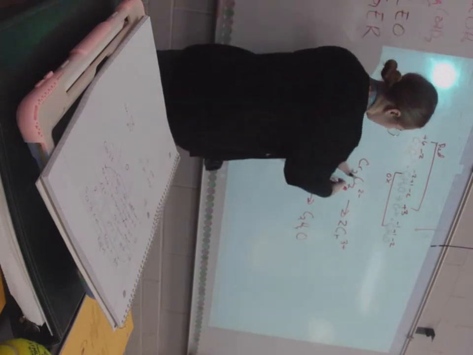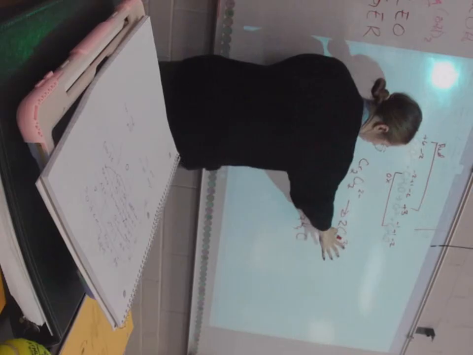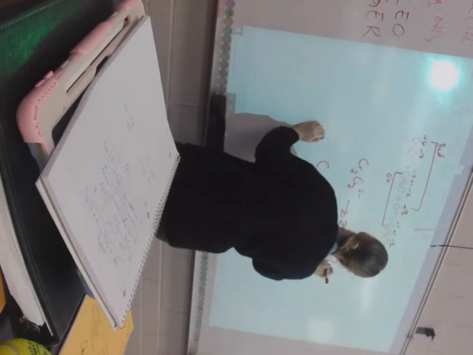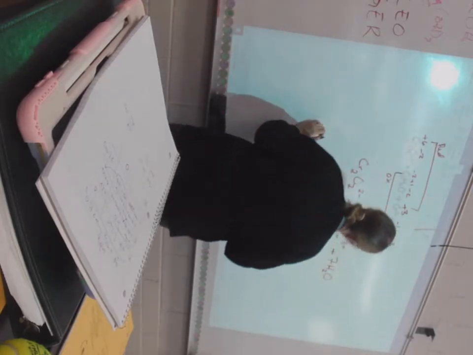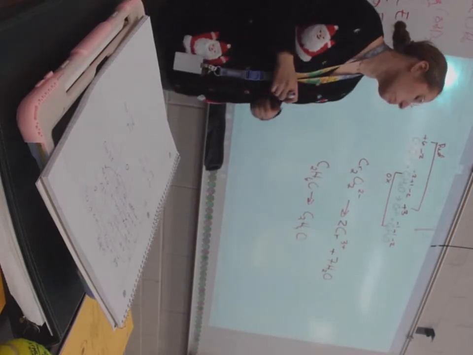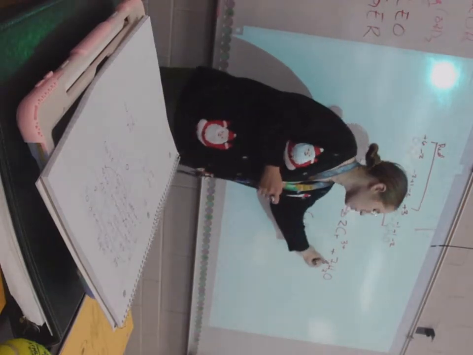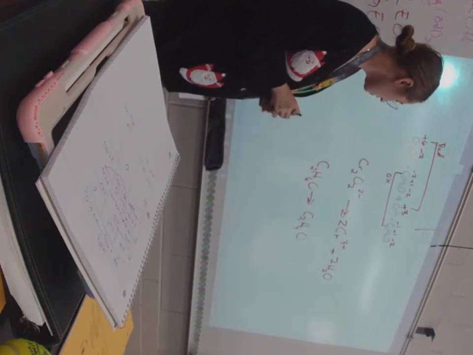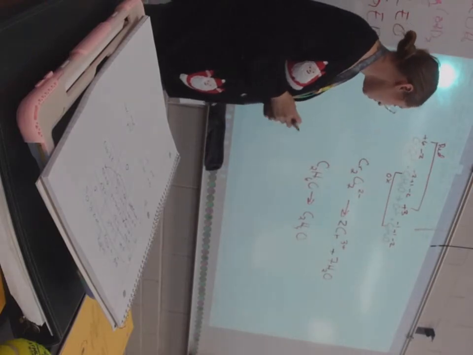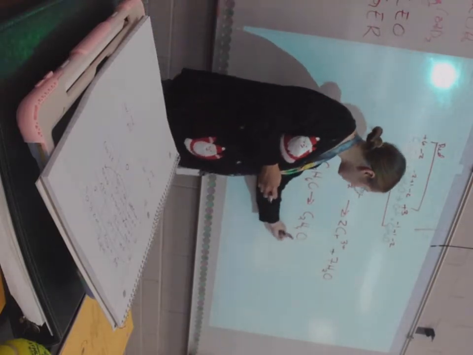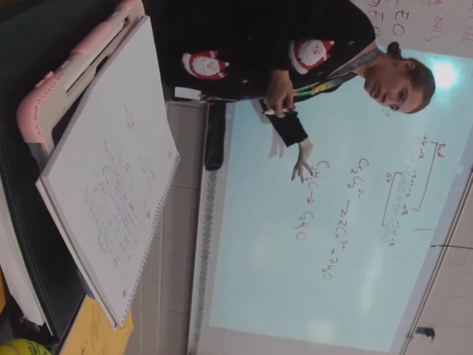Since I have 7 oxygens over here and nothing over there, I'm going to add 7 water molecules. Down below, I don't need to because it was 1 oxygen, 1 oxygen, so I don't need to add any waters to balance it.